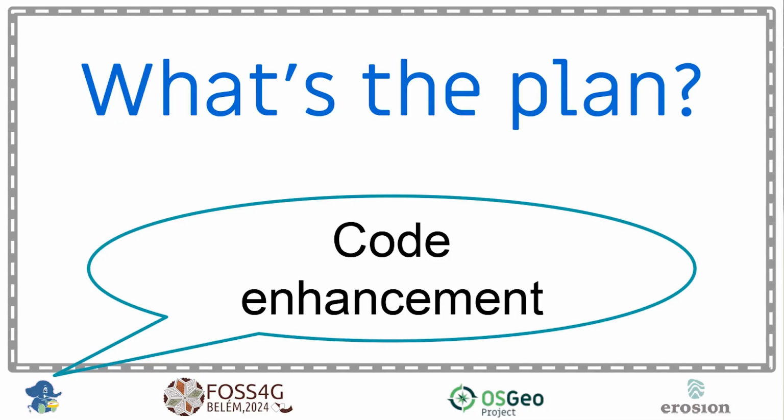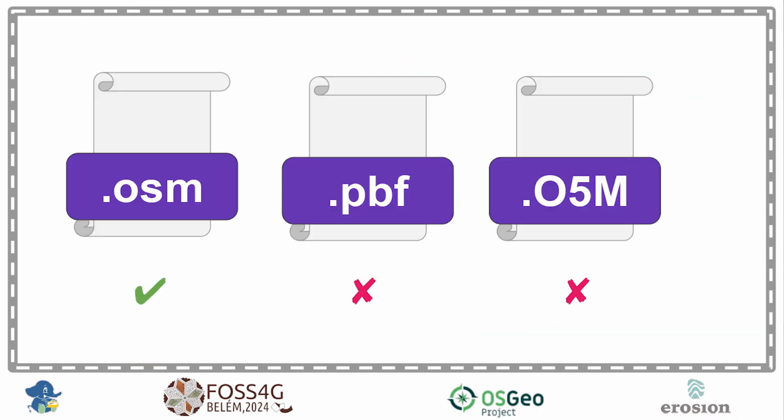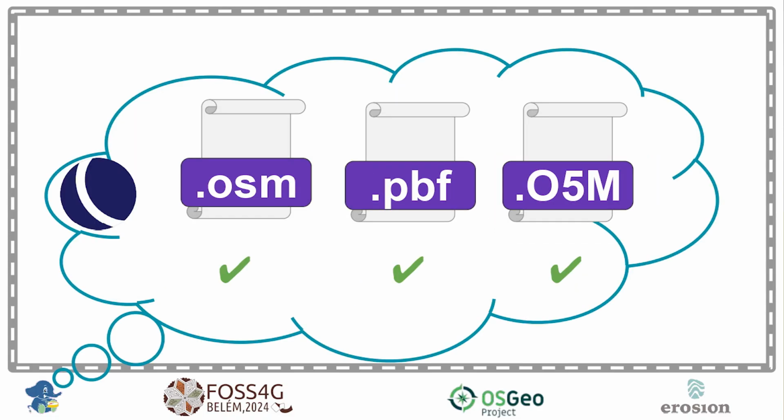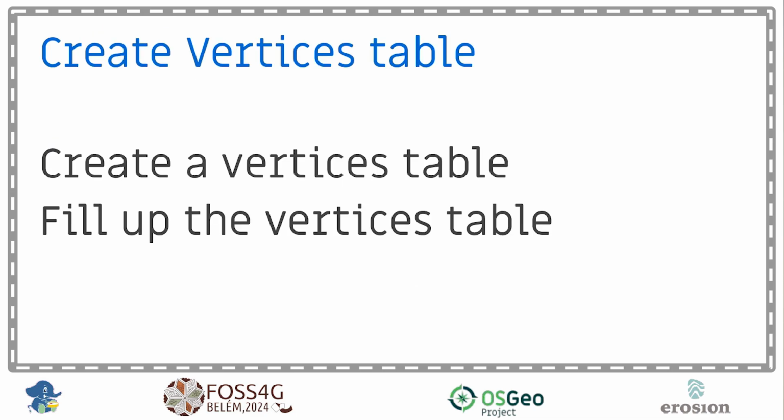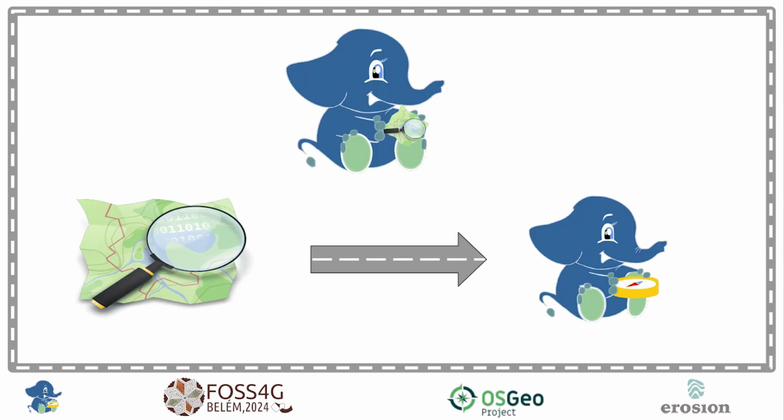So, we're going to first create a vertices table. A graph, theoretically, is a set of edges and a set of vertices. To be able to use more functionality of the pgRouting extension, we need to have the vertices table, and we're going to fill it up with additional information that is not in graph theory.